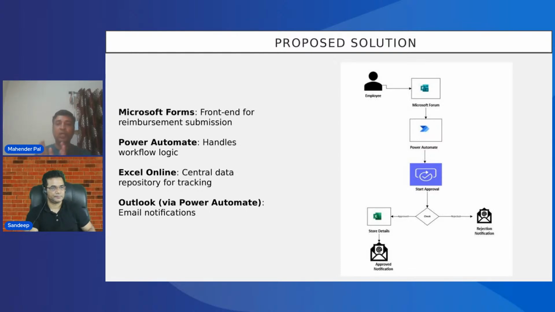If you are not authorized to spend that money, your request may be rejected. Whether it is rejected or approved, you will get a notification from Power Automate. So that's the proposed solution that we are going to showcase today.